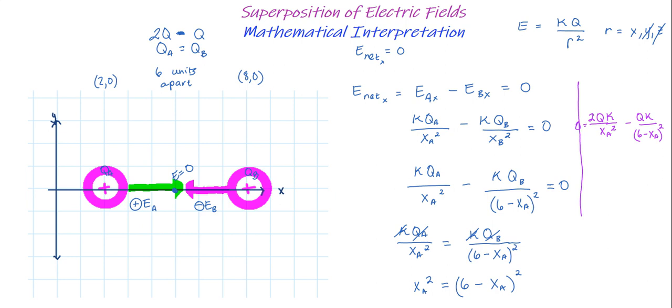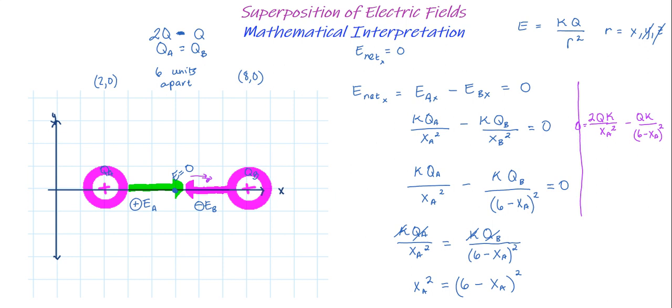So you can see here that this factor of 2 now is going to adjust where the location is equal to 0. And so if you think about it, it will be closer to the one that has a weaker charge value. So the electric field location that is 0 would move over this way a little bit and be positioned somewhere over here. And we could prove that and solve for XA.